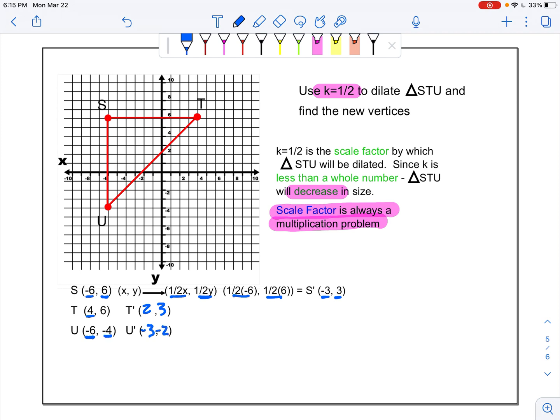So let's just go ahead and plot these. So I have -3, 1, 2, 3, +3. Here's my s. And then I have 2, 3.